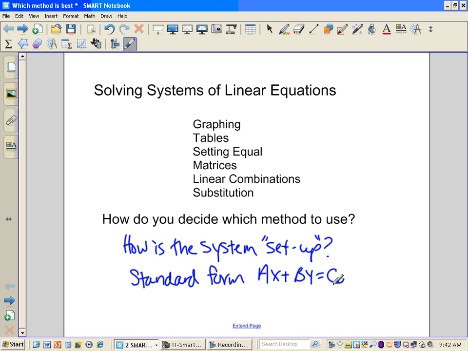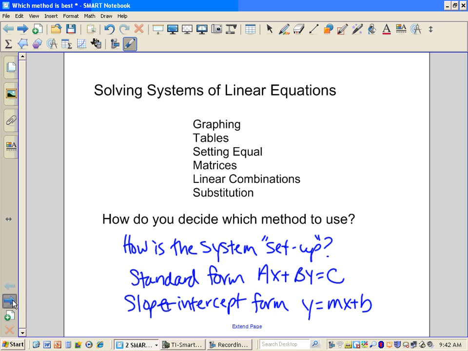Are they in slope-intercept form, that y equals mx plus b? Are they in some other form that you need to rearrange them into one of these forms? The way the systems are set up is going to help you decide which method to use.